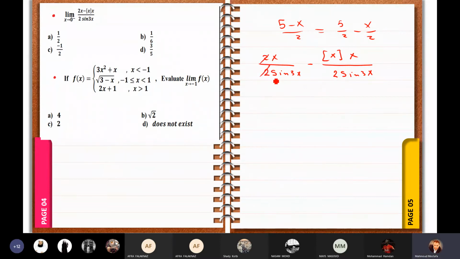We can cancel 2 by 2. This one equals what? The limit when x approaches 0? 1 over 3, because it is 3 down here. Sine x over x is 1, x over sine x is 1, but x over sine 3x is 1 over 3. Here is the minus. This one, when x approaches 0 from left, it will be negative 1.